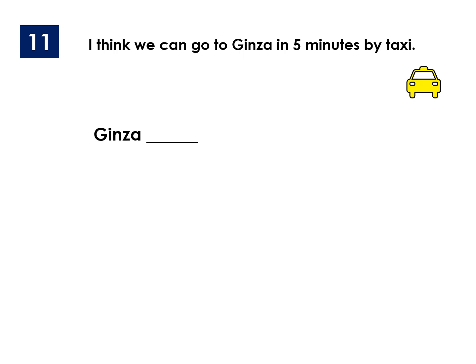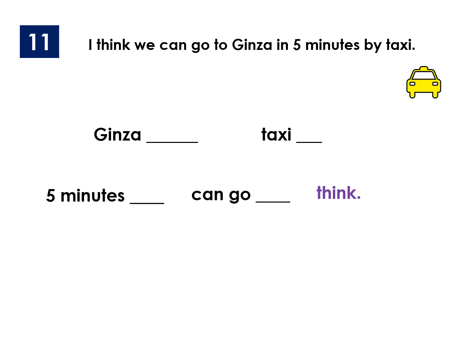Next sentence, I think we can go to Ginza in 5 minutes by taxi. The elements are Ginza, taxi, 5 minutes, and the verbs can go and think. Ginza is the destination or direction of going, so it can take the particle ni and e. We can also use made to indicate final destination. Let's use made here. Taxi takes the particle de to indicate the method of going. And 5 minutes also takes the particle de to indicate time limit.